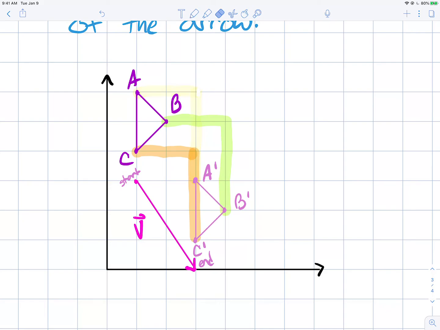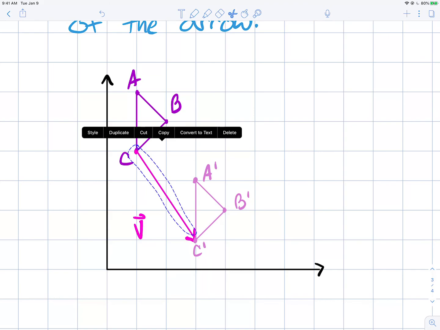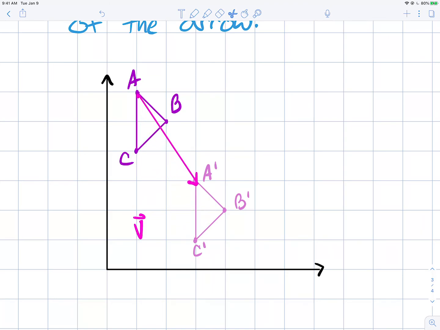But here's one other really cool thing. If I were to take my vector and have it start at C, it ends at C prime. If I were to move it so that it starts at A, it ends at A prime.